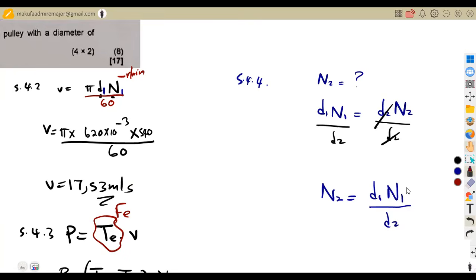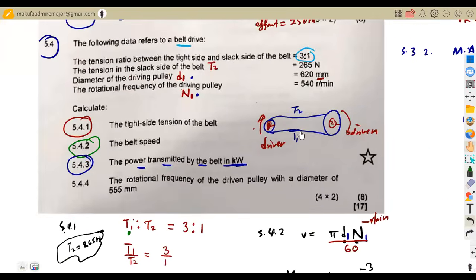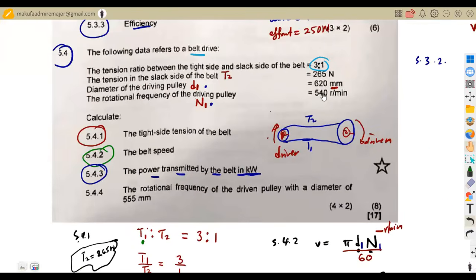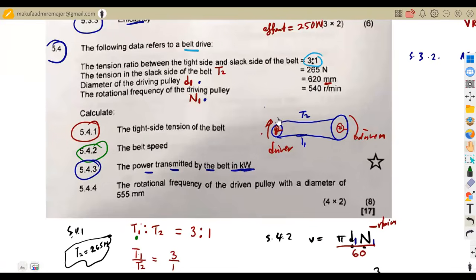So what I'm simply saying is that if you can see these are dividing each other, so there's no need for us to change the unit, because the millimeter and the millimeter will cancel. So you can just use these units as they are for this one. But if you change to meters, still it's one and the same thing. You're going to obtain the same answer. So remember, D1 was our diameter from the driver in this case, 620 millimeters, and also its speed, 540.